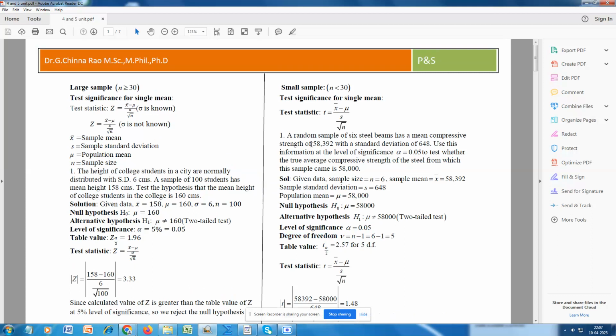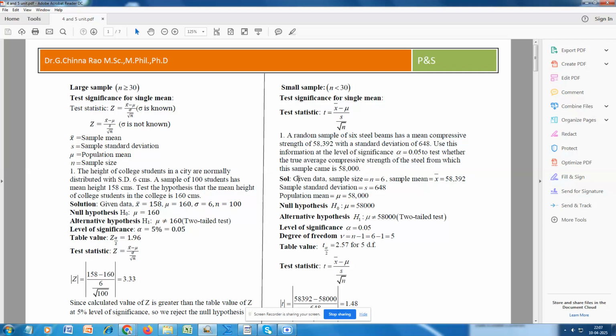Here a random sample of 6 steel beams has a mean compressive strength of 58,392 with a standard deviation of 648. Use this information at level of significance alpha 0.05 to test whether the true average compressive strength of the steel from which this sample came is 58,000.